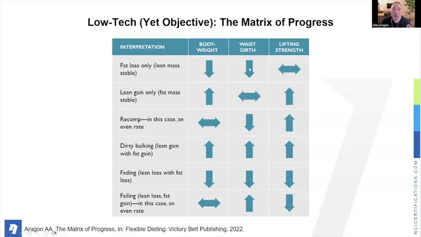Now, waist girth is an interesting thing. Okay, so body weight too. You want to be able to measure it first thing in the morning after going to the bathroom. Waist girth, again, first thing in the morning after going to the bathroom. And I used to teach clients how to blow out the air, and then just hold a certain posture in order to standardize, or at least attempt to standardize, the waist girth measurement.